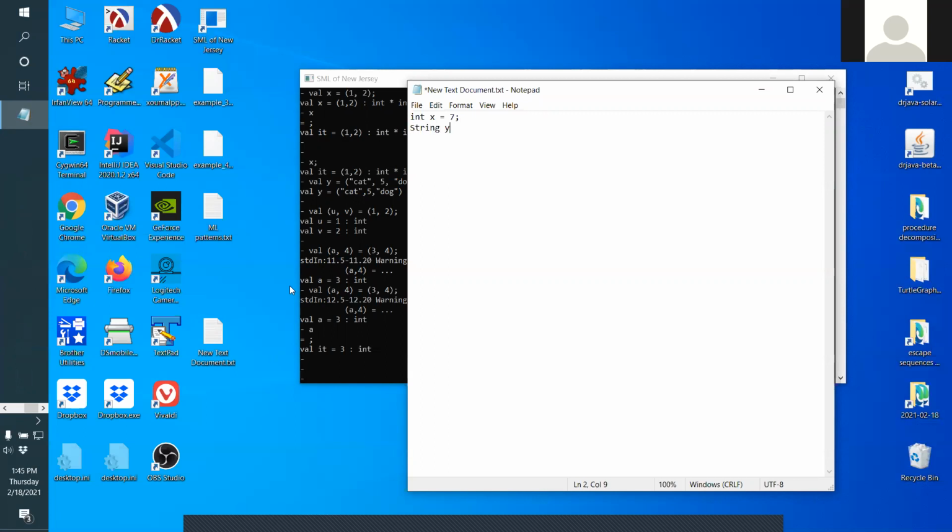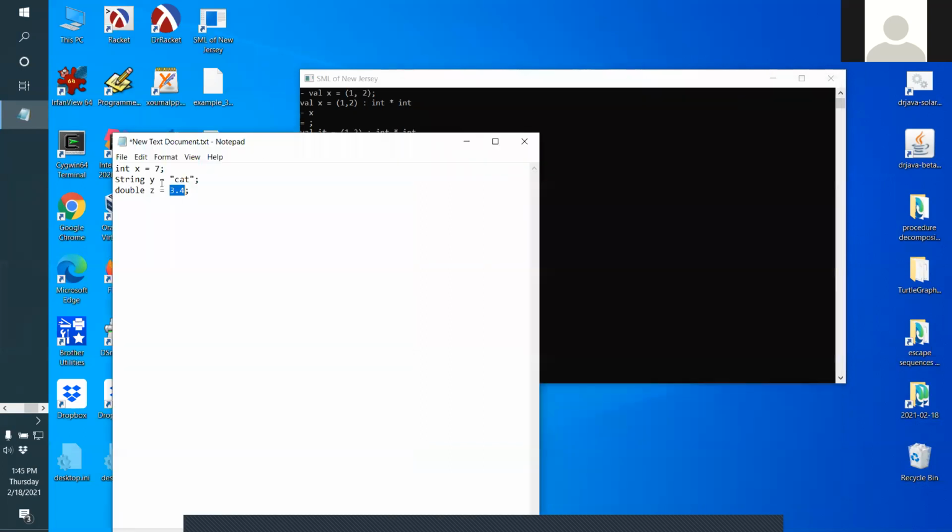String y equals cat. Double z equals 3.4. Okay. Variable equals value. In ML, it's not variable equals value. In ML, you write val pattern equal value.